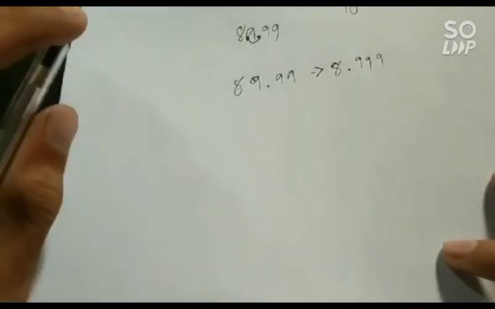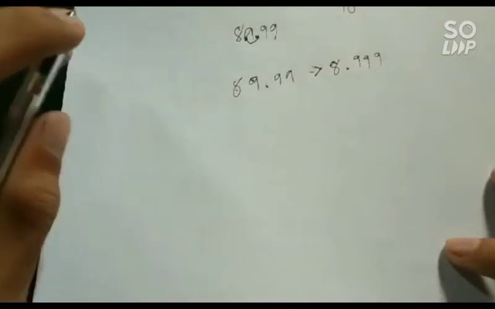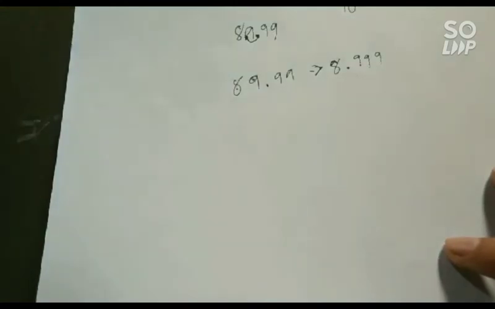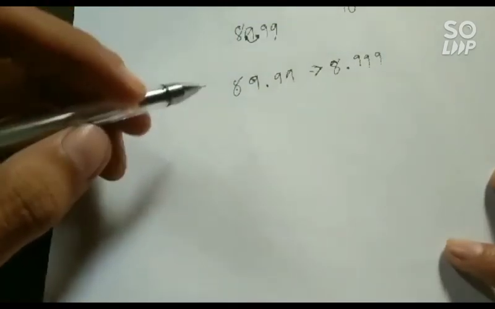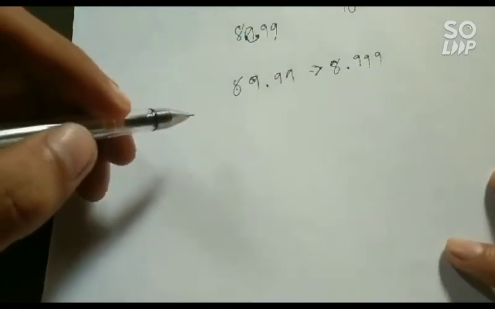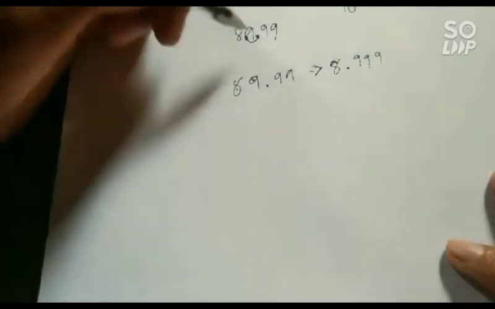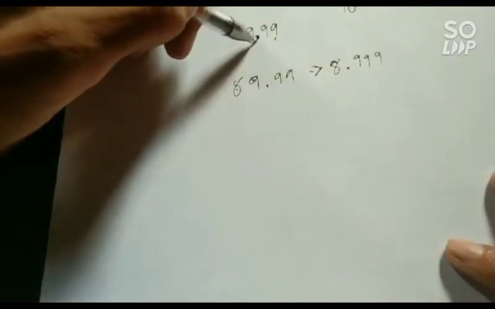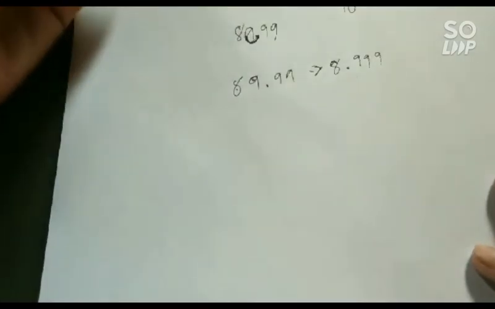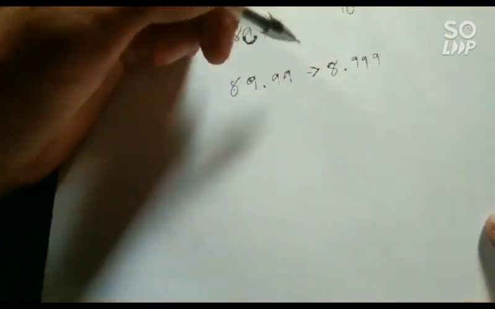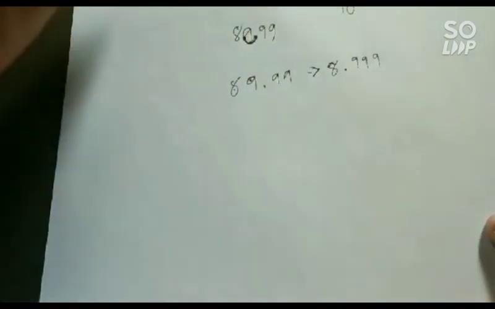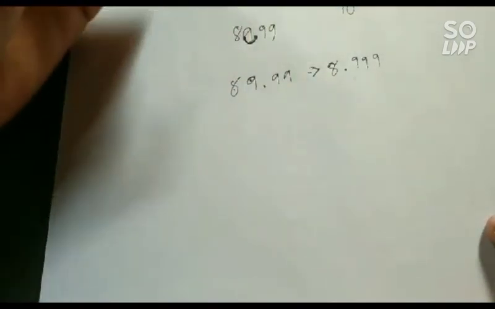Because our original number was greater than 10, the power of 10 is positive. Remember, we moved the decimal point 1 time. So the exponent is positive 1.